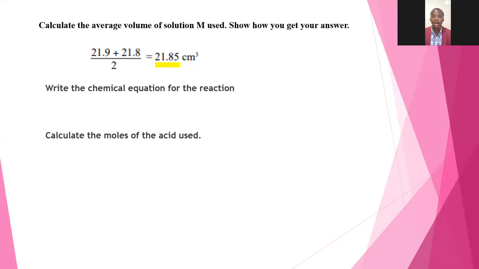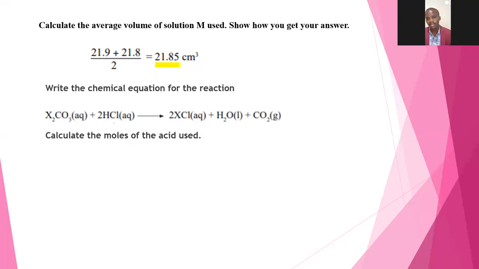So we'll have HCl plus X carbonate, which gives X chloride plus carbon dioxide plus water. Then you balance it. It should be a stoichiometric equation.